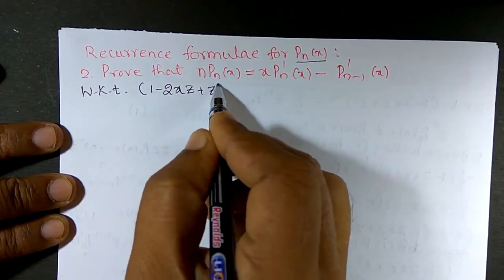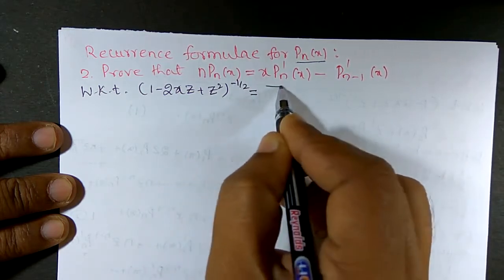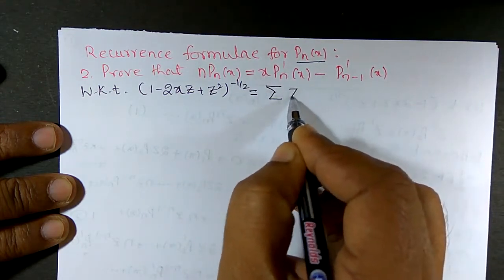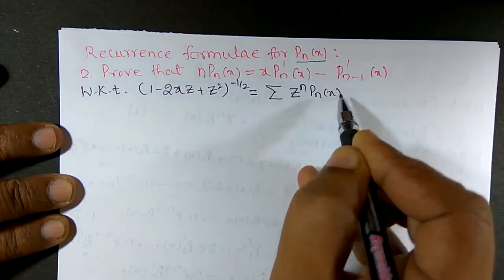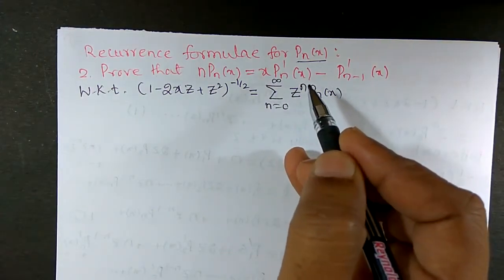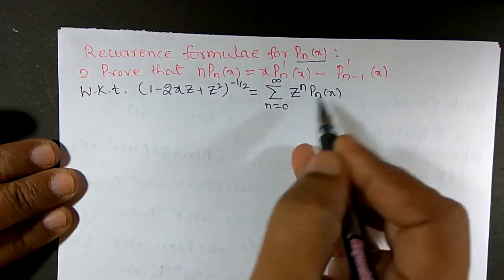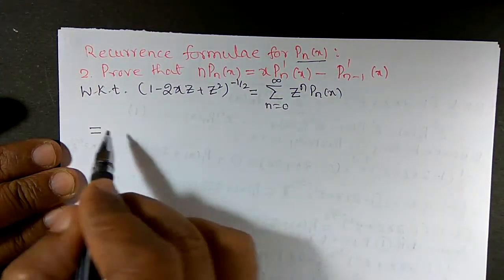(1 minus 2xz plus z squared) raised to minus 1 upon 2 is equal to summation of z to the power n into P_n(x), where n varies from 0 to infinity. Now first I will expand the right hand side summation. I will replace n by 0.